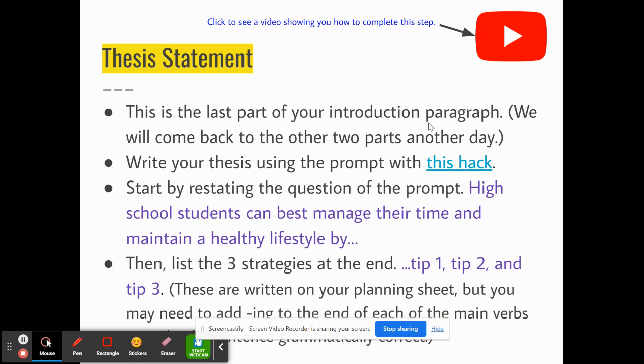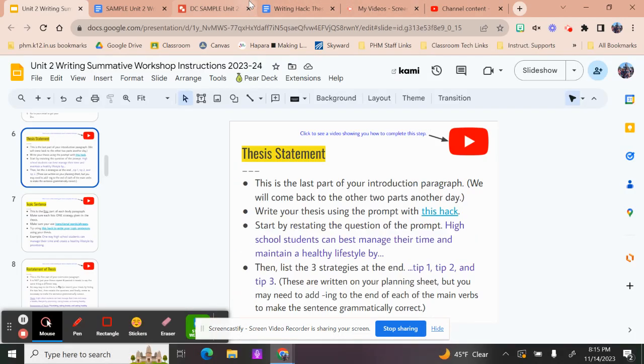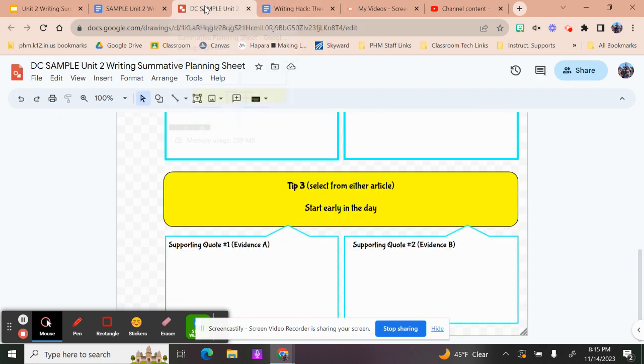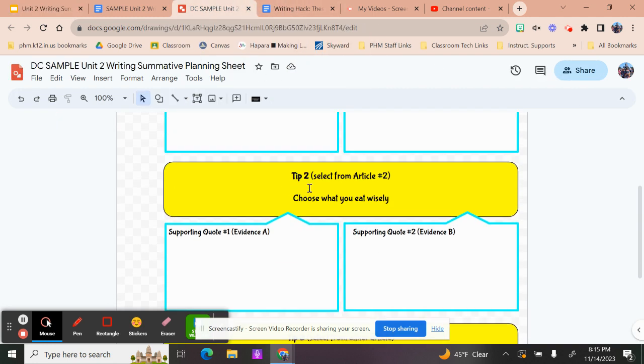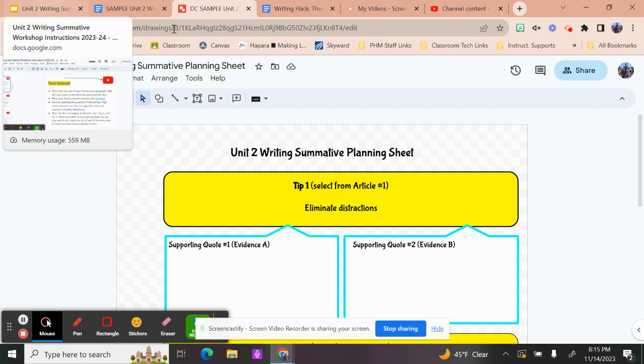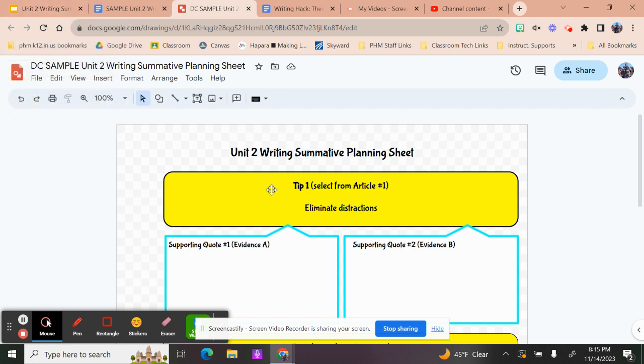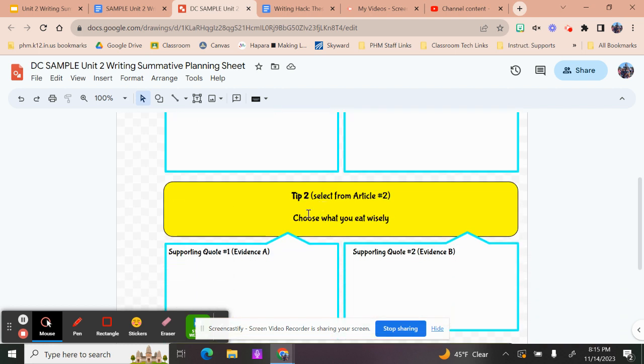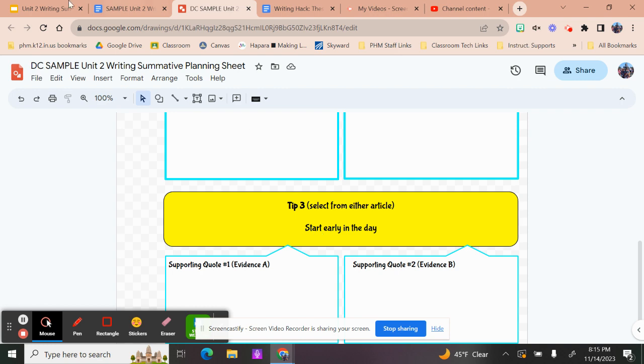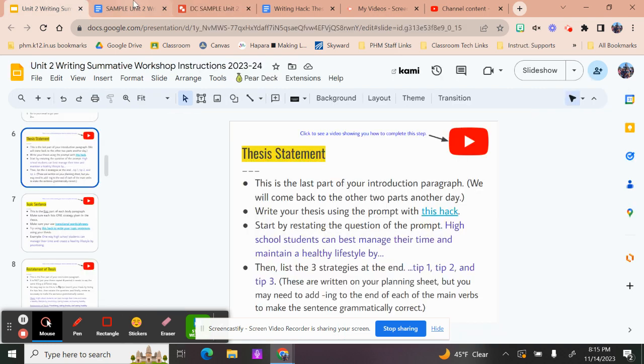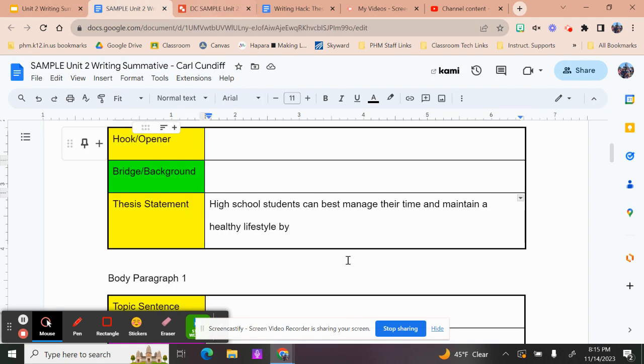So you're just going to look at your purple planning sheet now, and you're going to copy over your 3 tips. You probably will, if you're like me, have to change the ending of that main verb to be "-ing" so that your thesis is grammatically correct.